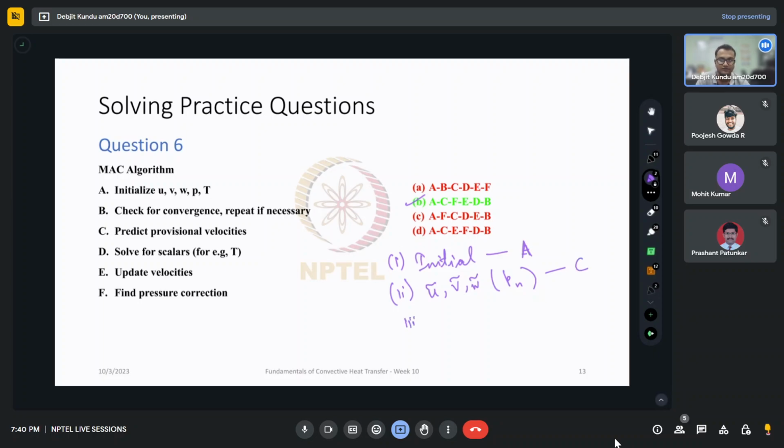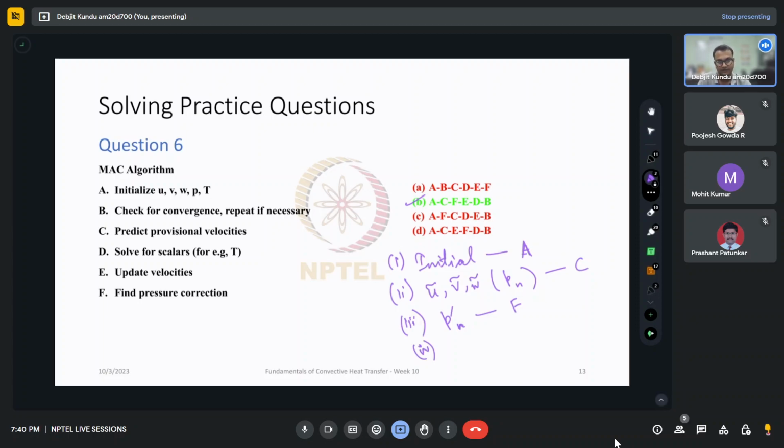Then in the third step, we use the values of these provisional velocities to find out the pressure corrections. So the P dash terms, P dash N, that is step F. And after we have calculated the pressure correction terms, then comes the step to update the velocity.